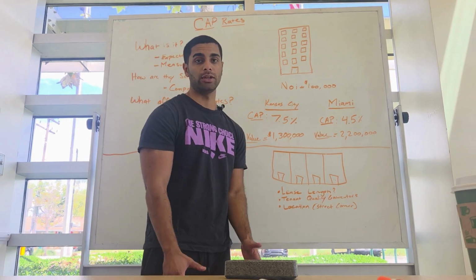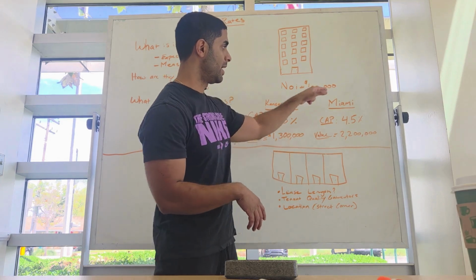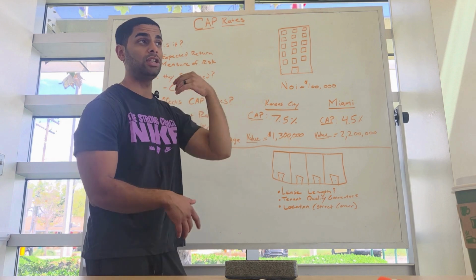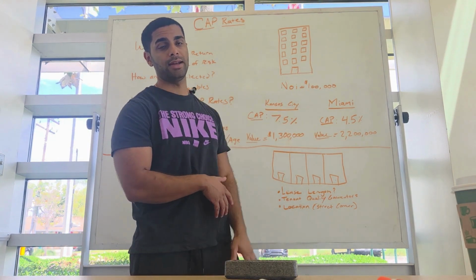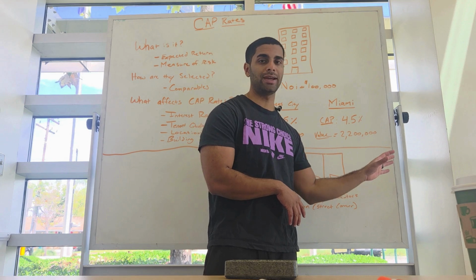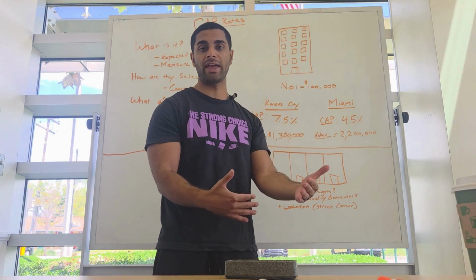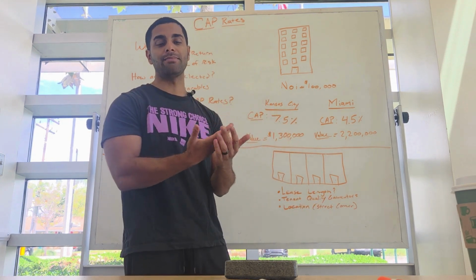Next one is location. And location can be narrowed down not just as big as a discrepancy like Miami and Kansas City. It could be even the corner it's on. You could have a Taco Bell in a more low-key part of the city trade at a 7 cap, but then the Taco Bell on the massive street corner that everyone's crossing, that one might trade at a 5 cap. Why? Because, again, it's a measure of risk.